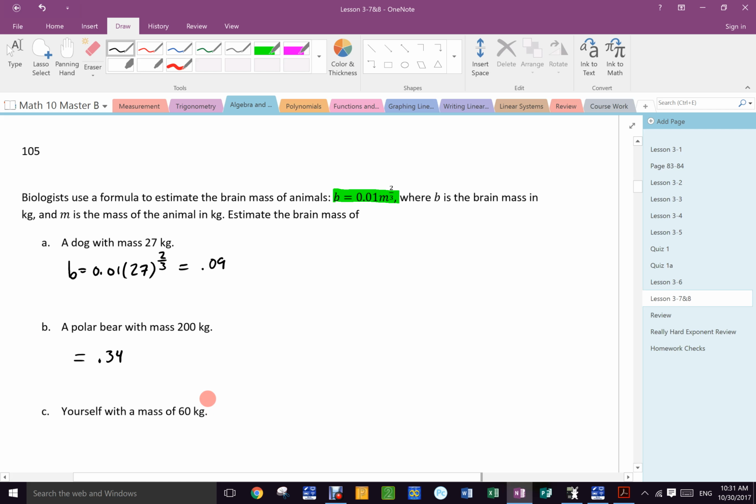Yep. Oh, nice. Rounded. Excellent. And what about C?